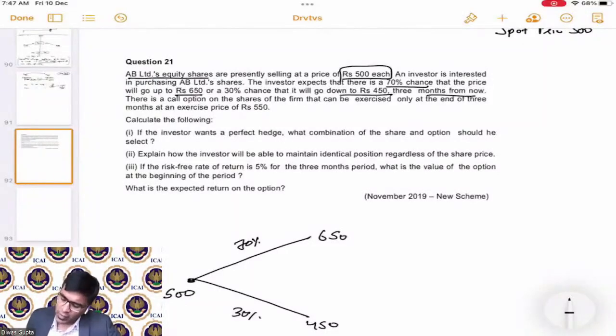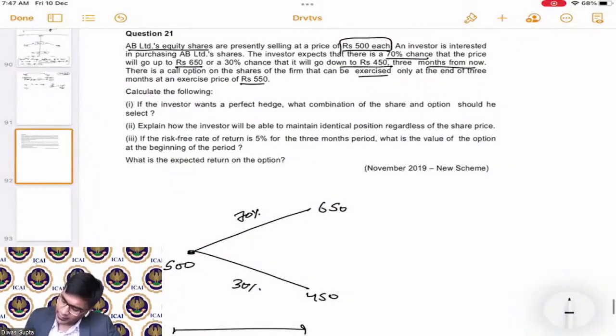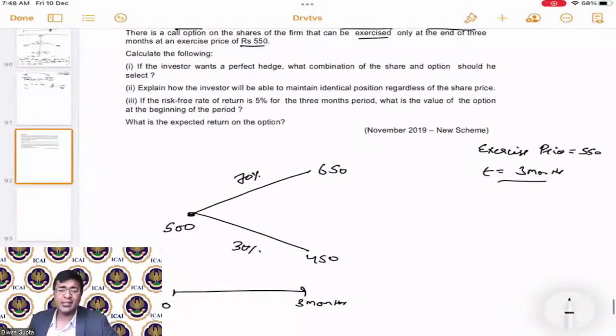Now, there is a call option on the shares of the firm that can be exercised only at the end of 3 months at an exercise price of 550. Exercise price is equal to 550. Time is also given as 3 months because everywhere we are saying that this will happen in 3 months.